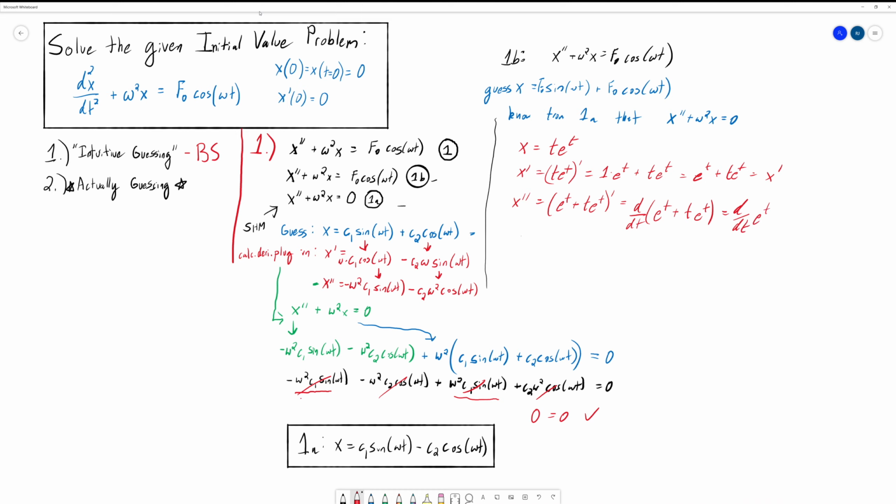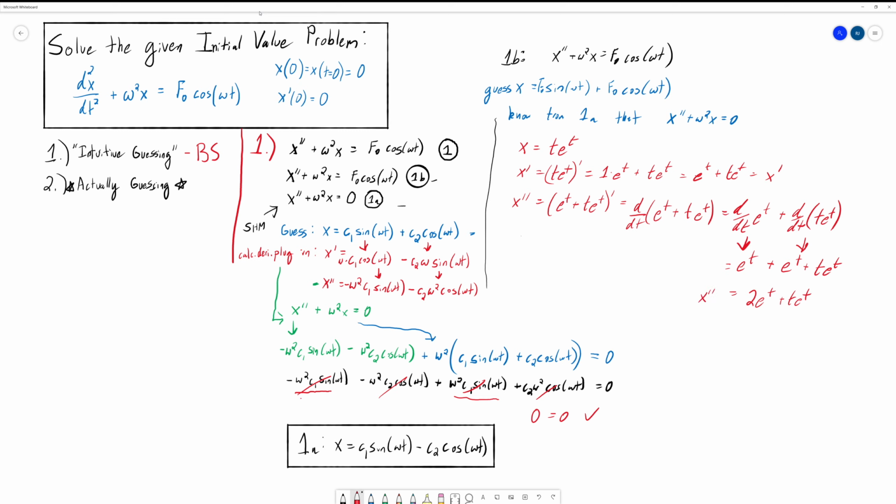The derivative of e to the t, we can distribute the operator d divided by dt, plus the derivative of t e to the t, and this is just going to be e to the power of t, and this we know from taking the derivative the first time is going to be e to the power of t plus t e to the power of t, which is going to equal 2 e to the power of t plus t e to the power of t, which is going to be x double prime.